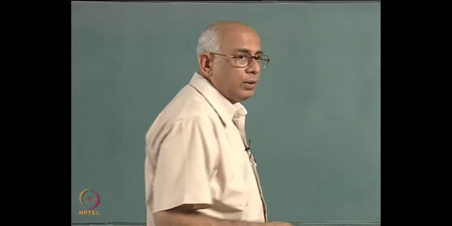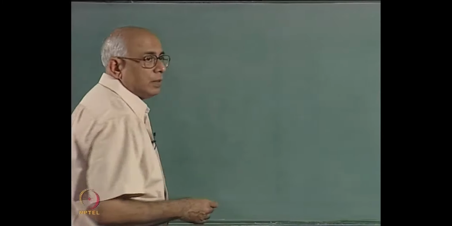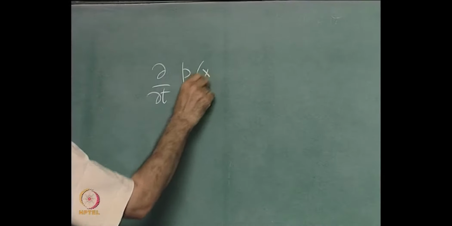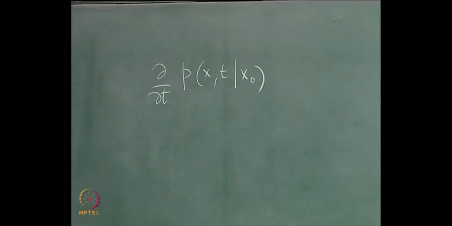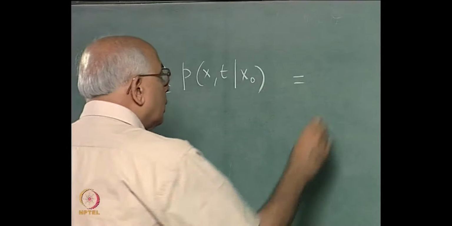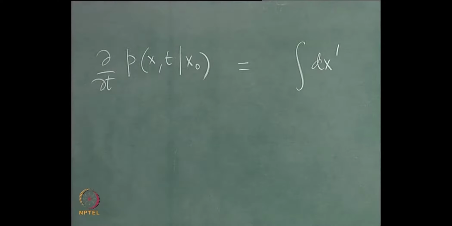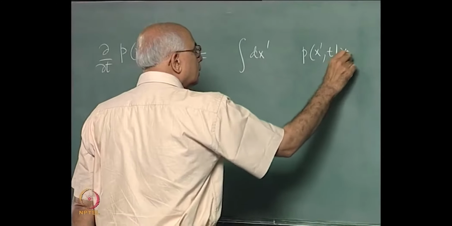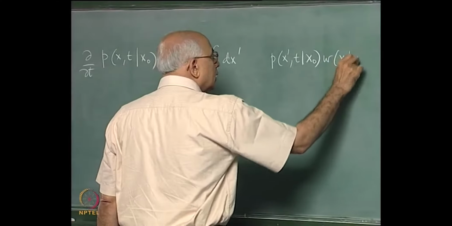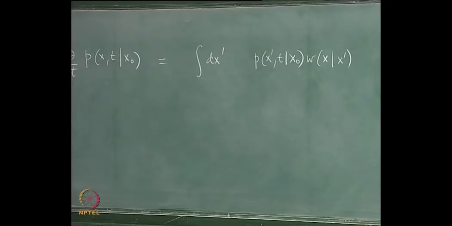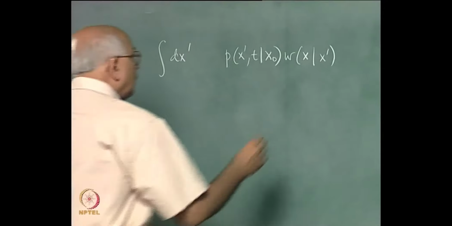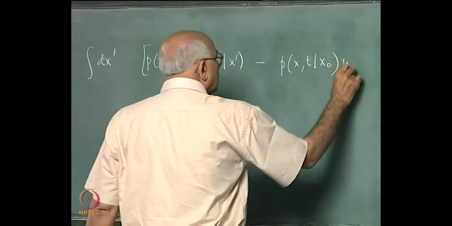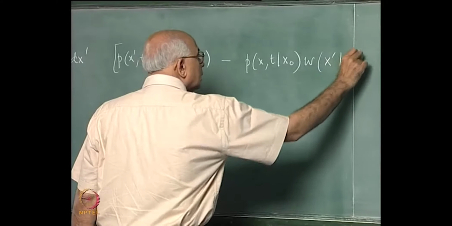In the case of processes in continuous time, this probability density obeys a certain master equation, and the way we wrote this equation was: del over del t of p of x and t given an initial value x naught was written on the right hand side as equal to an integral over all intermediate states x prime of p of x prime, t, x naught multiplied by the transition rate to go from x prime to x, minus p of x, t, x naught multiplied by the transition rate to go from x out to x prime.